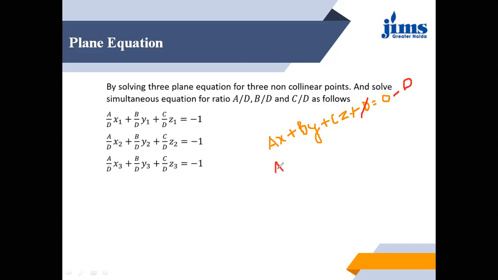So this will be a divided by d, as d is also a constant, multiplied by x, plus b divided by d multiplied by y, plus c divided by d multiplied by z, equals minus 1.